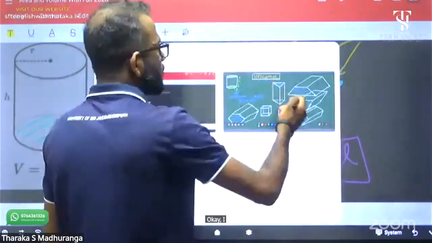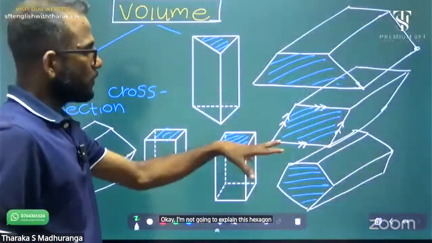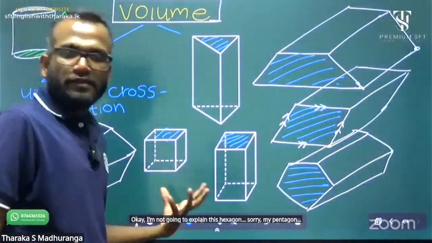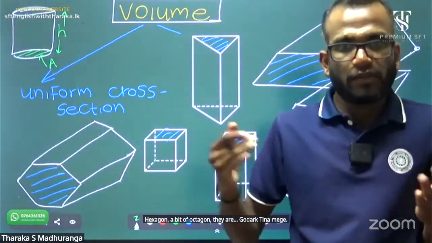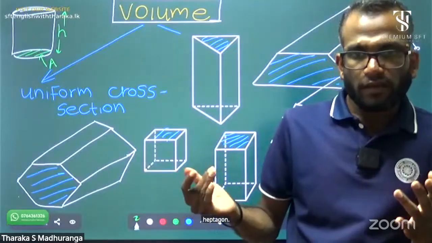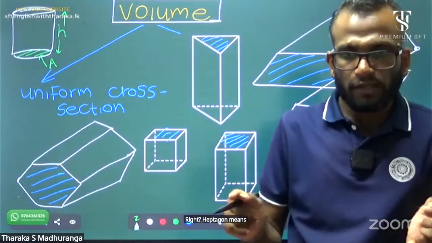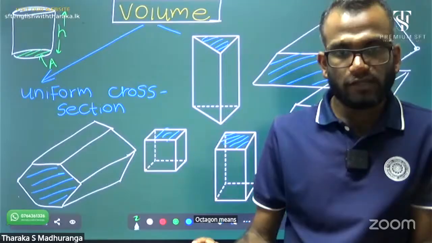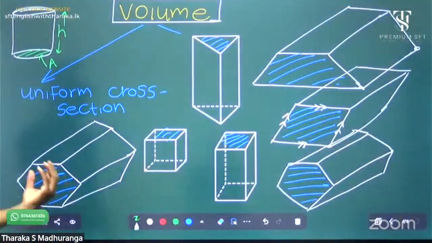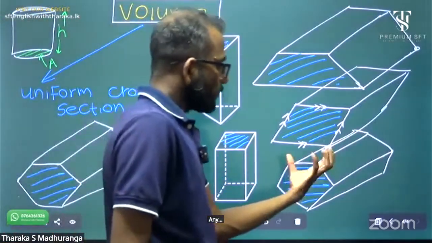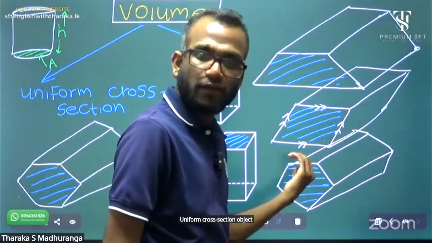Okay, I'm not going to explain the hexagon. Pentagon, hexagon, octagon, there are many of these. Heptagon means 7 sides. Octagon means 8 sides. There are more. For any uniform cross section object, what is the equation?